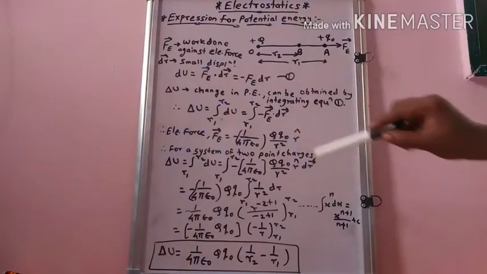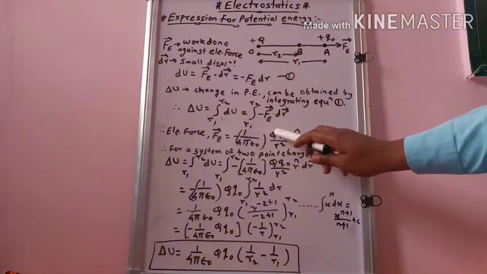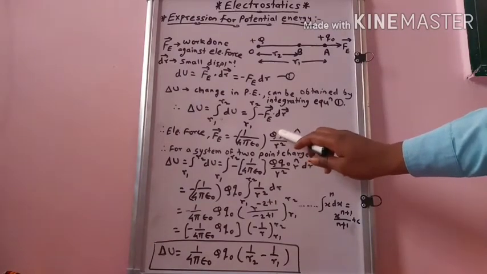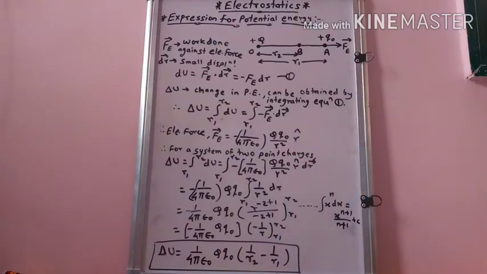This is the electrostatic force, also learned in the previous standard, that is the Coulomb force. This Coulomb force is directly proportional to the product of the magnitudes of the charges and inversely proportional to the square of the distance between them.